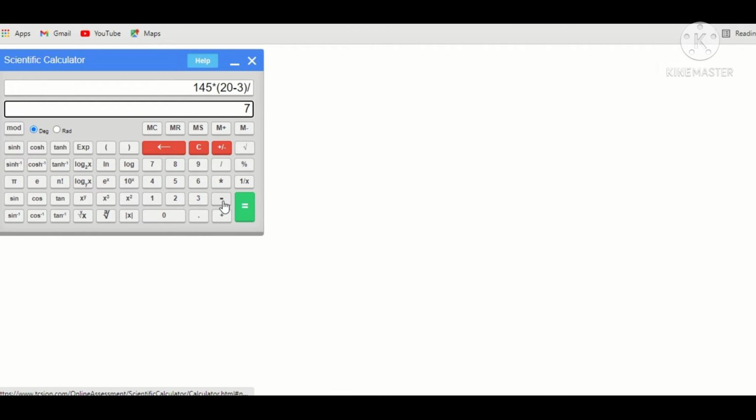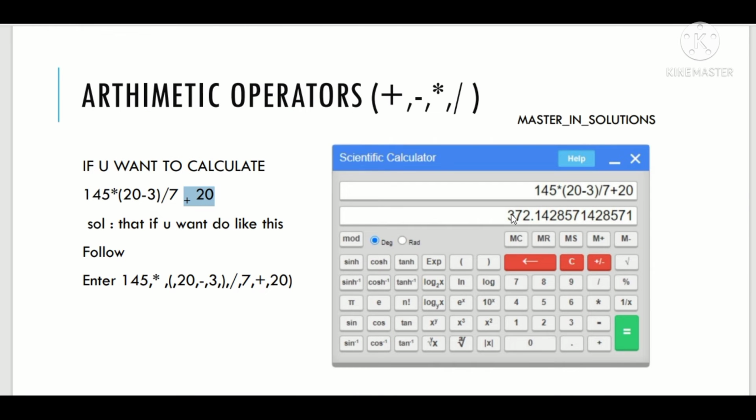Okay, divided by 7, and we have addition with 20. After entering the 20, let's click on the is equal to, then we're going to get the value 372.142, which is actually here.